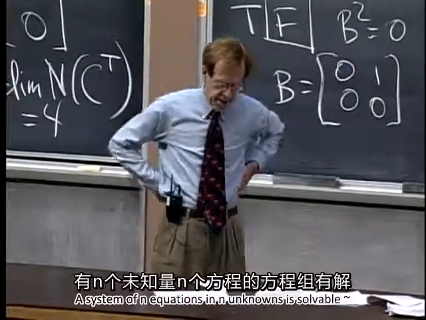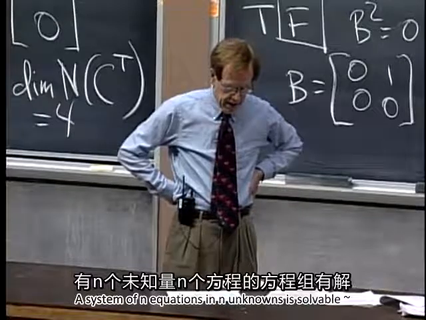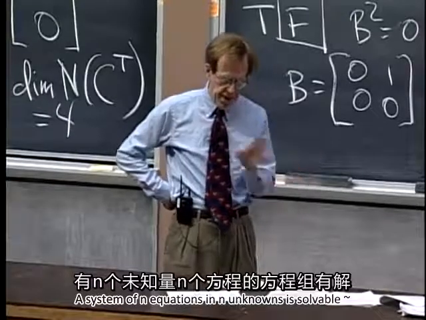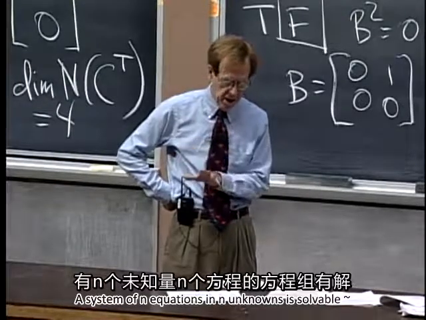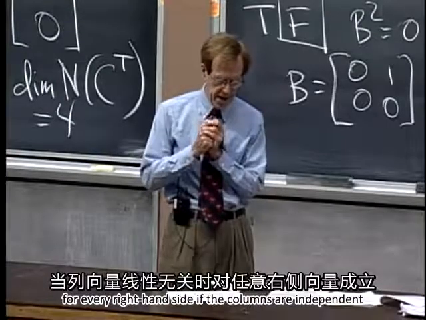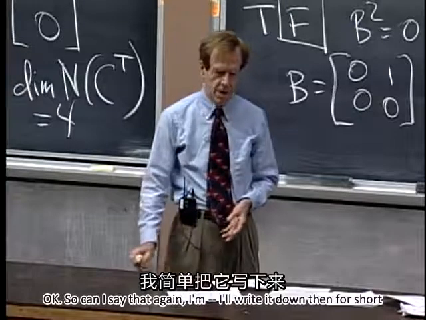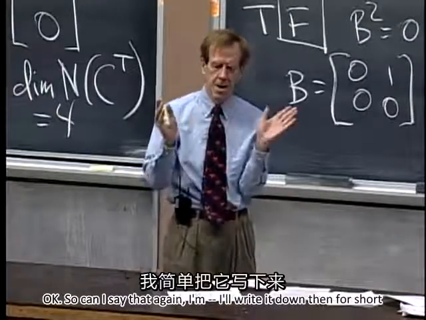Here, a system of n equations in n unknowns is solvable for every right-hand side if the columns are independent. Okay, so can I say that again?